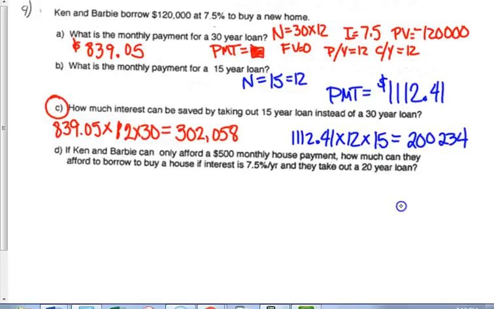So it's dollars. So how much do you save? What do you need to do? Yeah, subtract these two amounts so that you figure out how much you saved. It's about $102,000. Yeah.